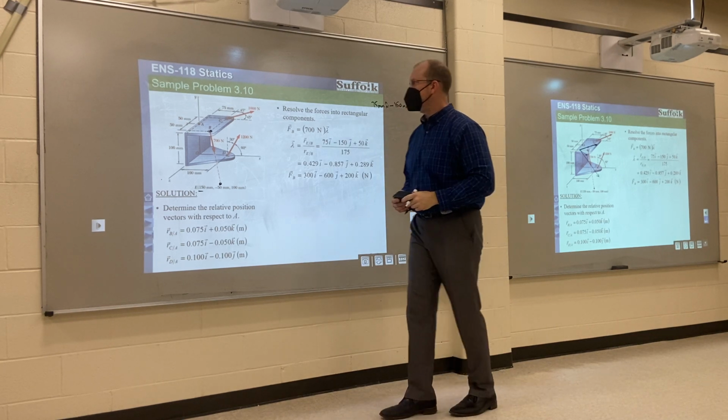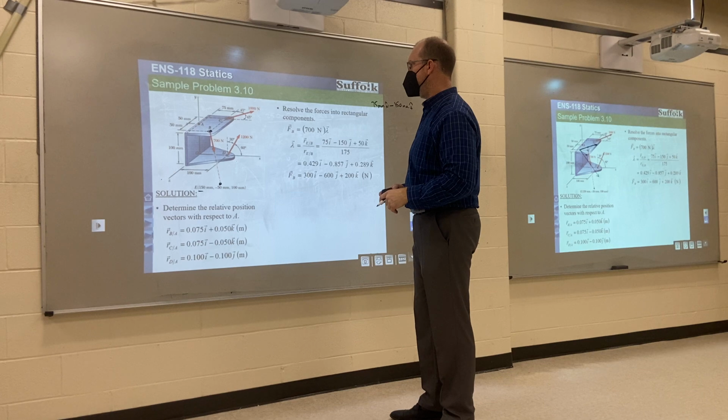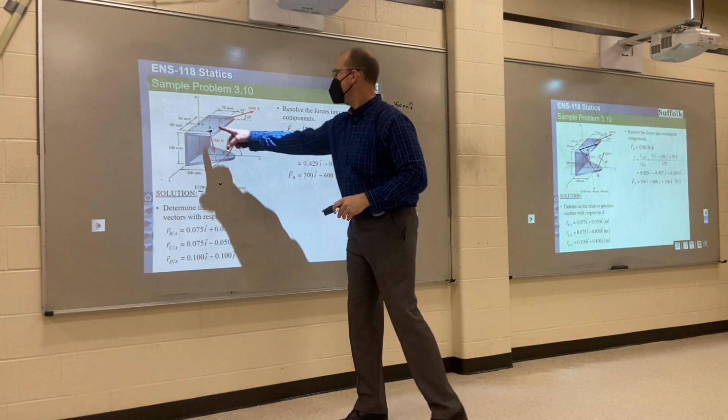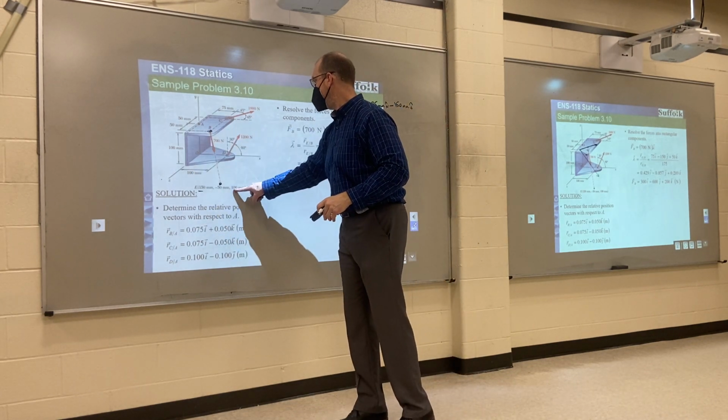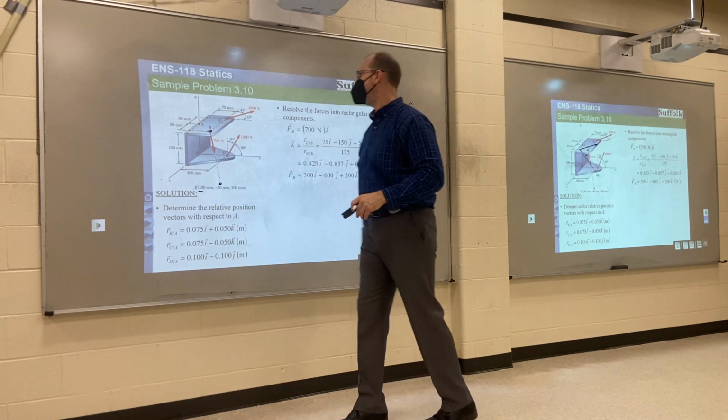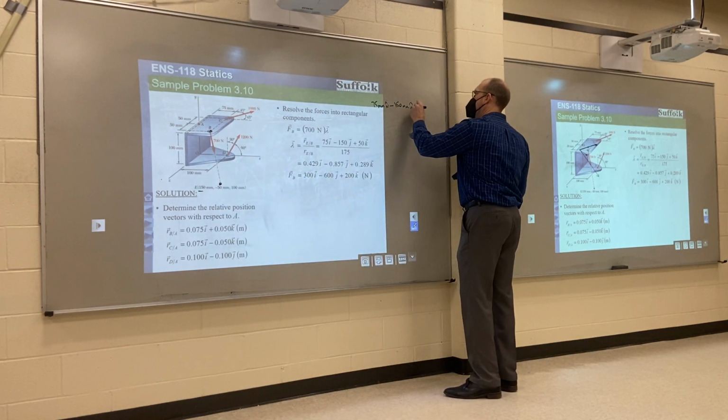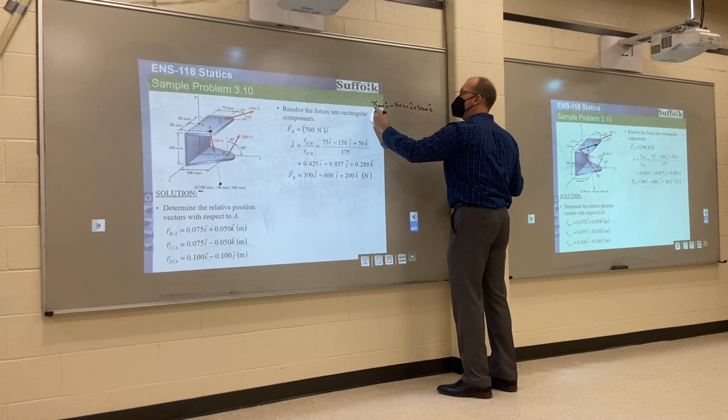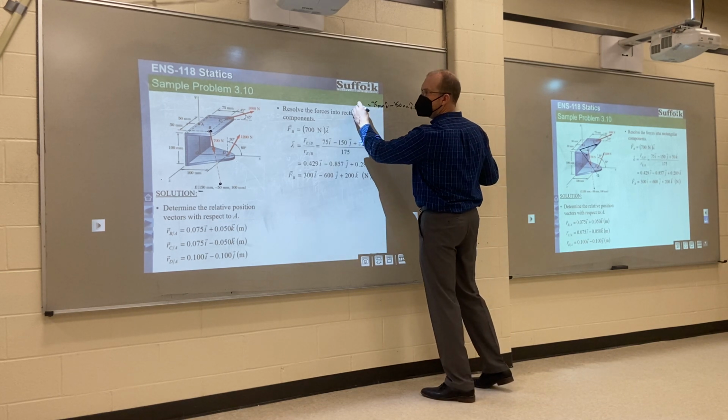And K hat is 100 minus 50, so it's 50 millimeters K hat. And this is equal to, I should call this vector BE.